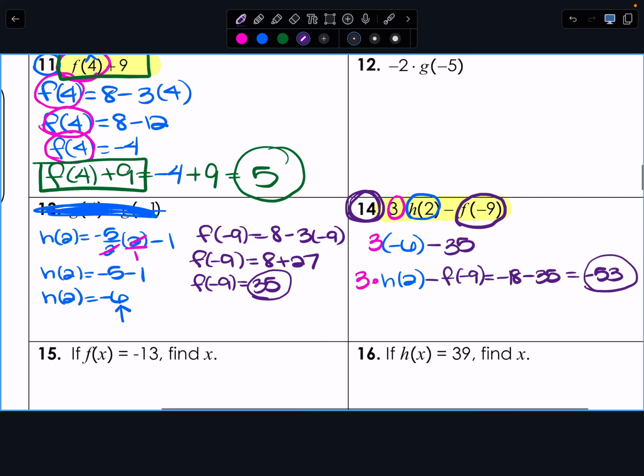So I'm not solving for any of those functions. I'm solving for that whole equation, which is what makes it a little different.